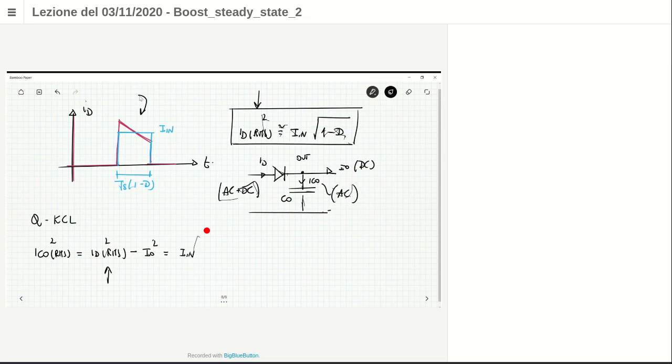So I can put here I_in, 1 minus b, minus I0. Sorry, since this is not squared, I have to put the square here, and then I can eliminate.